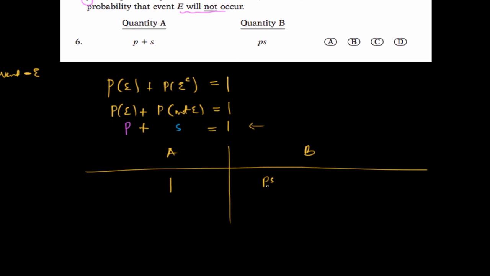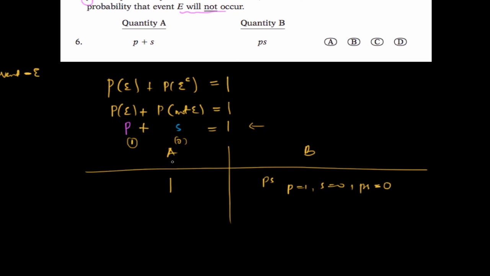Now from here, the extreme case is when P is 1 and S is 0. Now 1 plus 0 would give you 1. And similarly, P can be 0 and S can be 1, and then 1 plus 0 will still give you 1. Now when P equals 1 and S equals 0, then the product PS is going to give you 0.